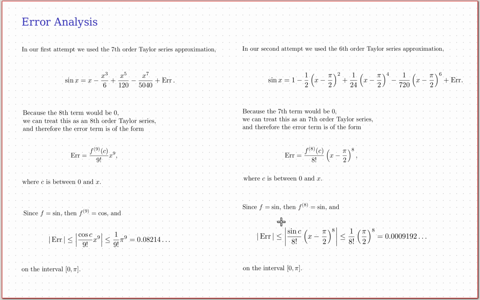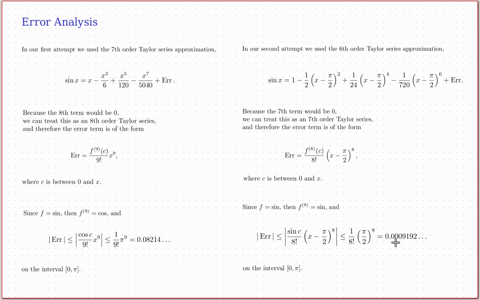So the absolute value of the error is this, and therefore this is less than or equal to, well, again, the worst case scenario is the biggest sine can be in absolute value is 1. And if x is between 0 and pi over 2, then the biggest this difference could be is just pi over 2.